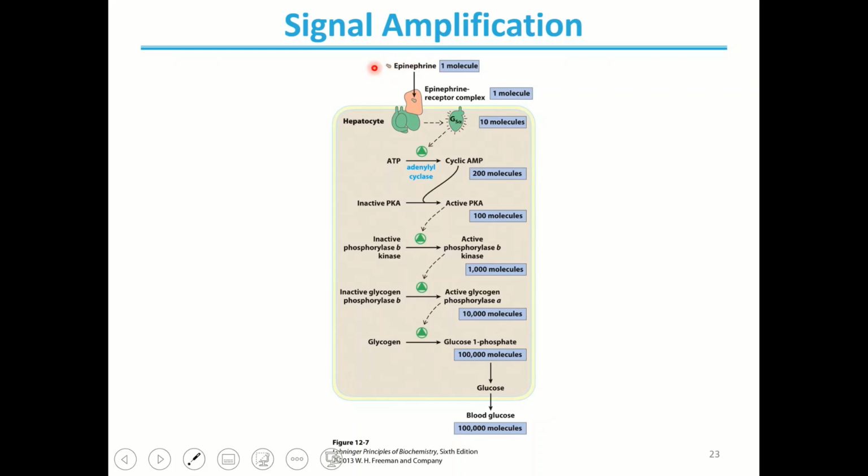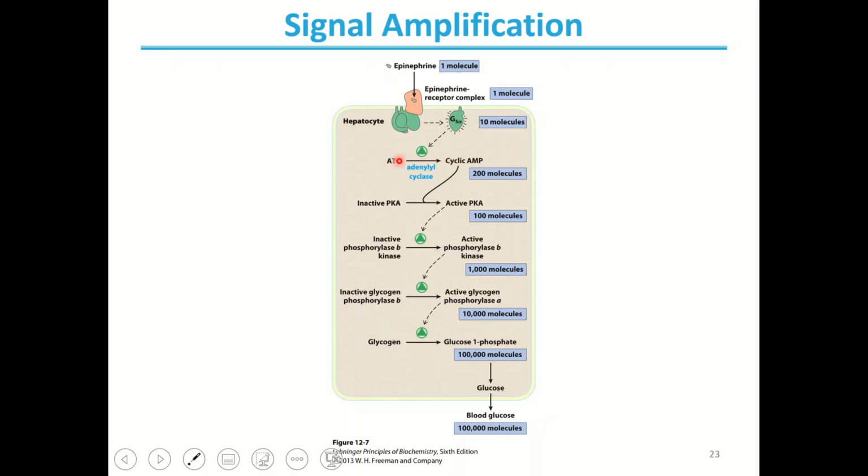Okay, so we have one molecule of epinephrine binding to that receptor. That's one receptor being activated by one ligand. And then that can activate, and this is sort of an estimation, maybe 10 of these G alpha subunits. 10 of those active G alpha subunits can then go on to activate 10 adenylyl cyclase molecules.